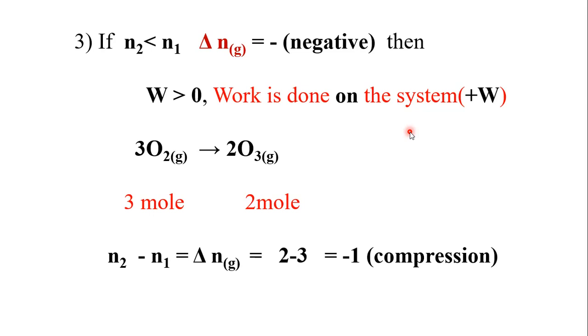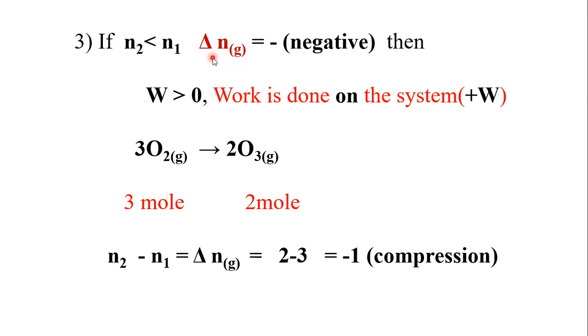So here the most important point is that you have to remember the conditions. When delta N is equal to 0, no work is done by the system or on the system. Second case, if delta N is positive, that means N2 is greater than N1, then W is less than 0, and in such cases work is done by the system and the sign of W is negative.